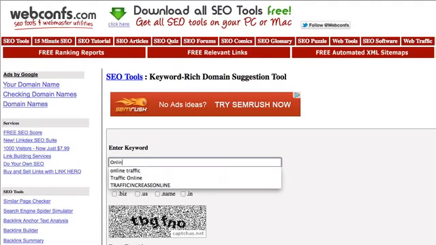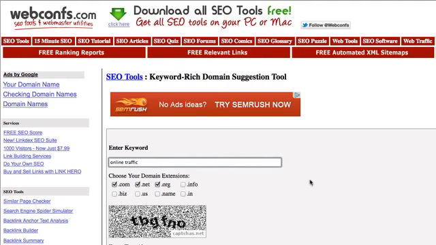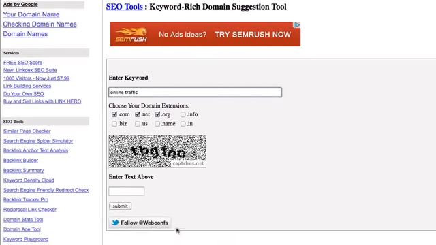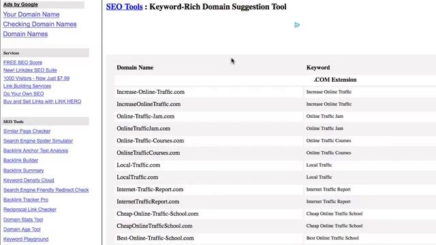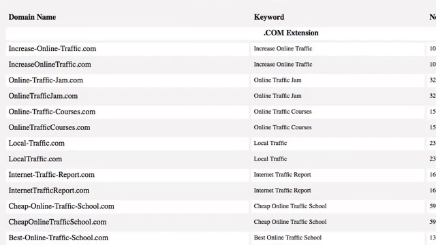For example, I would like to have online traffic in the domain that I would like to buy. Let's insert this one so that we can do a search. All right, submit. Now on the next page, it will usually show me a bunch of domain names that are either available or not available.